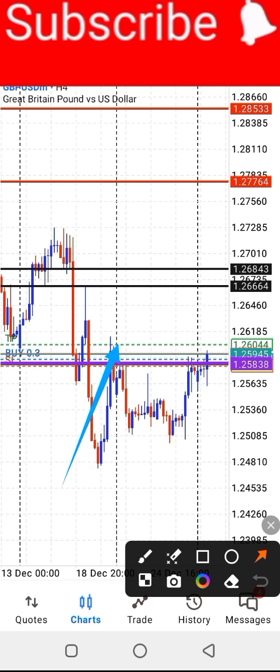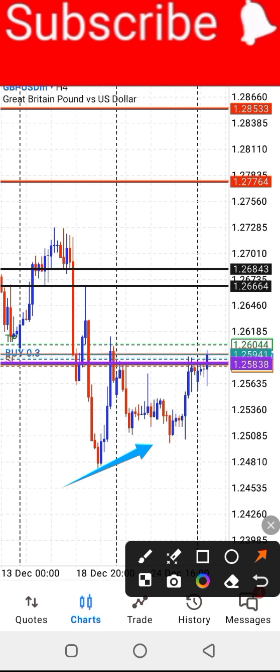Then price came up again, tapping into this other block, then moved down but did not break structure. Price is moving up again towards an internal liquidity point. When I looked around for where price could possibly be going, that's when I found this imbalance that price could possibly trade into. So I marked it out.